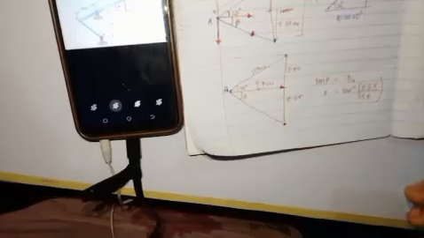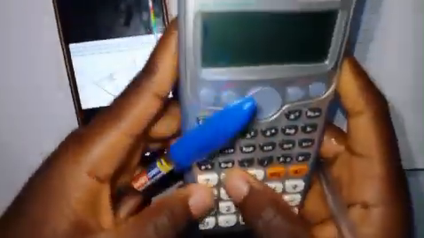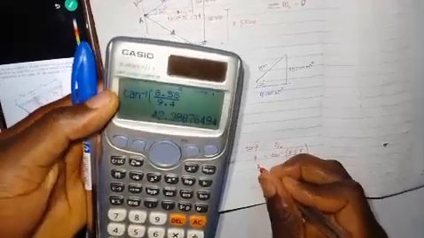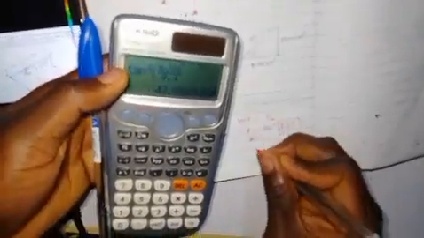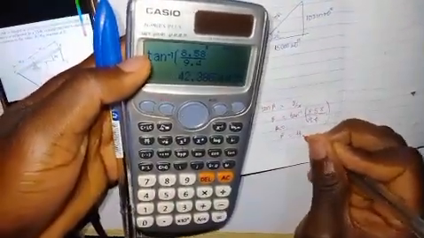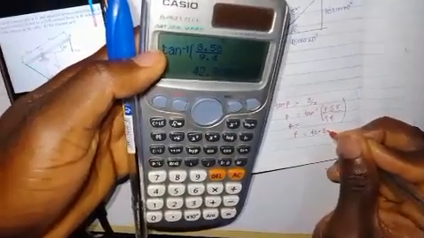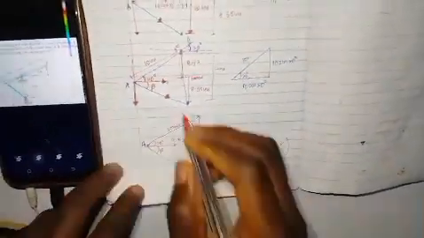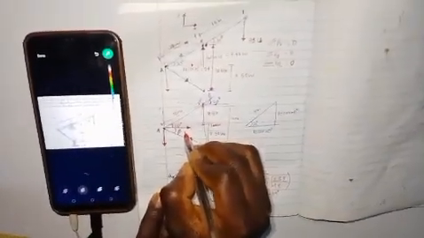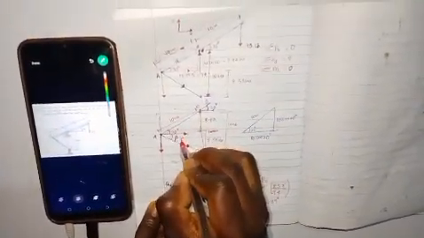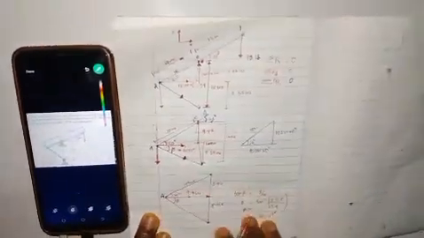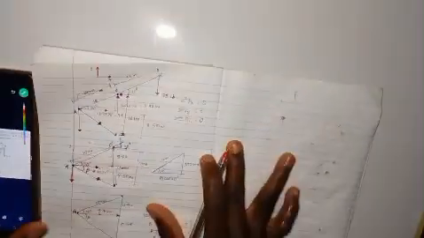So beta is 42.39 degrees. So in this case we've gotten our beta to be 42.39 degrees.